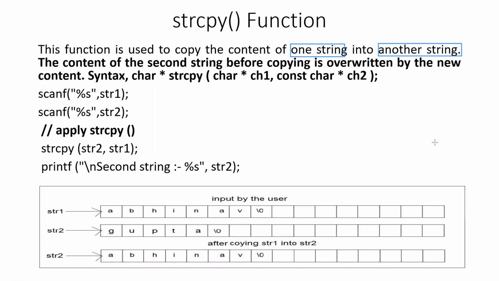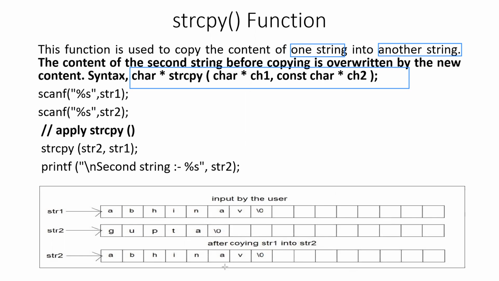But here, the content of the second string will be copied into the first string. That means the initial value, if any, in string 1 will be replaced by the content of string 2. So this is the syntax: two character strings are passed, and the content of the second string will be copied to the first string.